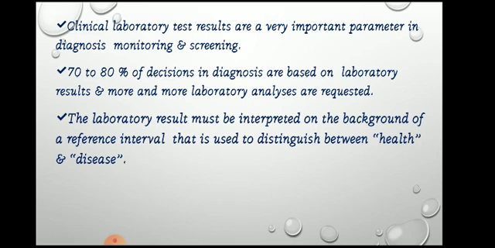Okay, because if the observation is within limits, we can say the patient is healthy, while if it is out of range, the person is having a certain problem, like a disease. Okay.